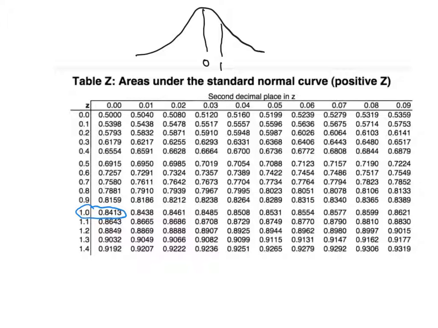But what that's representing is the area to the left of the z-score. So all of this area that's shaded here is the 0.8413. So we have to keep in mind when we're using this table that the numbers in the body of this table represent the area to the left of the z-score, or to the left of the data value that you have in your normal curve that you have drawn.